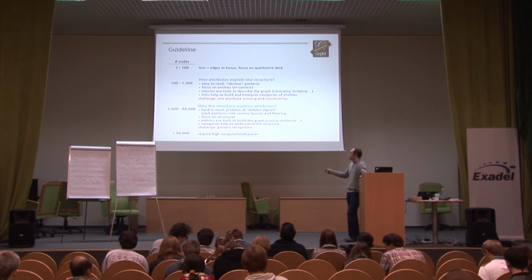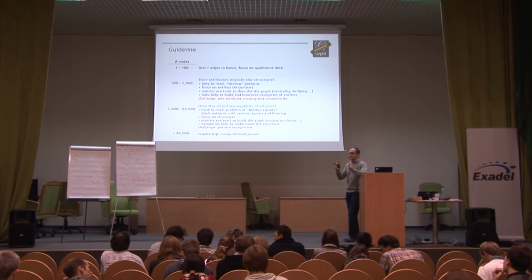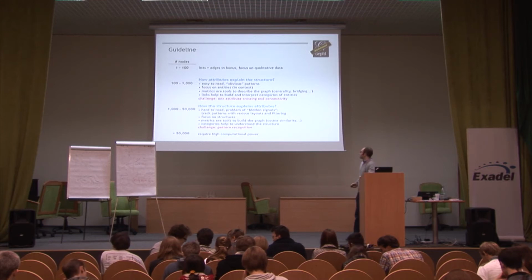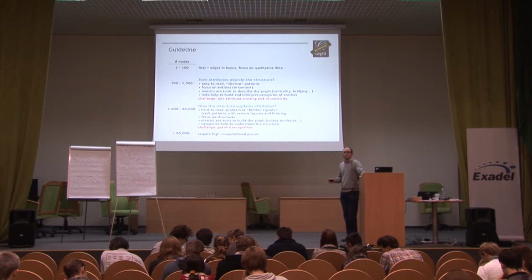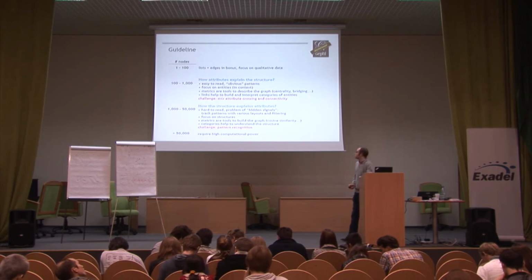And as we have more and more data, we tend to have lower expectations because it quickly starts to be very difficult. At one point, people just want to see if there are some communities in their large data.